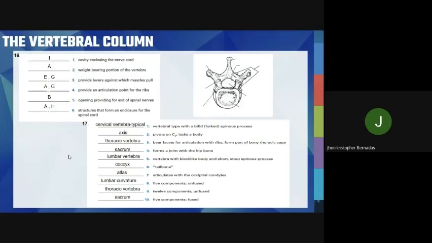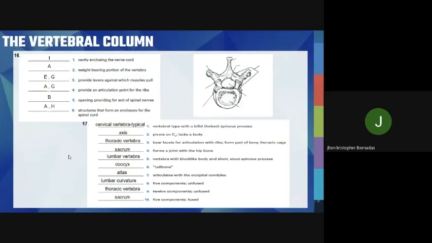Next, for part 17, we have number one, vertebra type with a bifid or forked spinous process. We have cervical vertebra, typical. Next, number 2, pivots on C2, lacks a body.